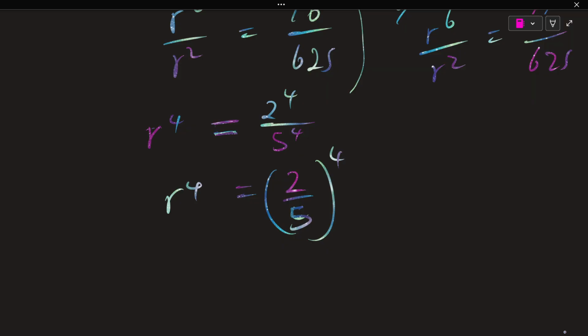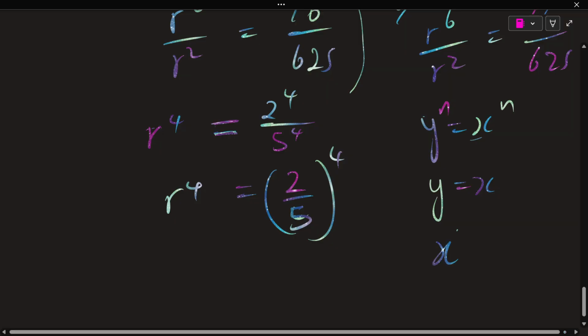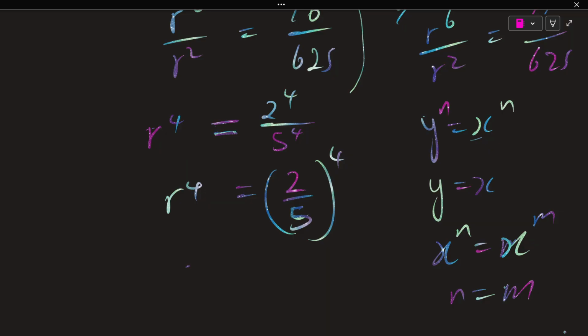There's a rule which says that if y to the exponent n equals x to the exponent n, we have different bases but the same exponents, which means we can equate the bases, just like the rule for the same base but different exponents, where we equate the exponents.